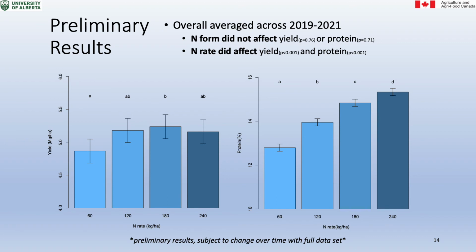And the graph on the right, showing protein content as a function of nitrogen rate, showed significantly increased protein content at each increasing nitrogen rate. These results are preliminary so far, and they will be subject to change with the full data set coming in the coming years.